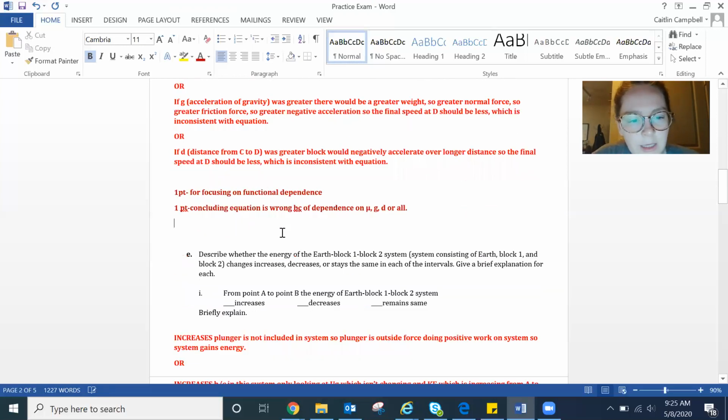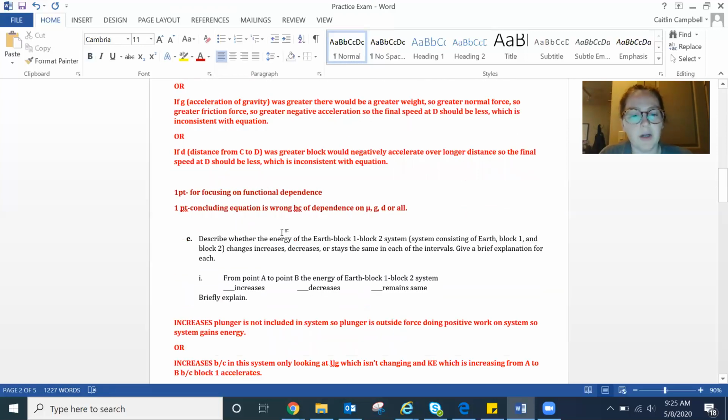All right, E, we are going through each of the different parts and deciding whether the energy of the Earth, Block 1, Block 2 system changed or how it changed. From A to B, defining our system is super important. If we have Earth, Block 1 and Block 2, UG, or gravitational potential energy, is included, and then the kinetic energies of the blocks.